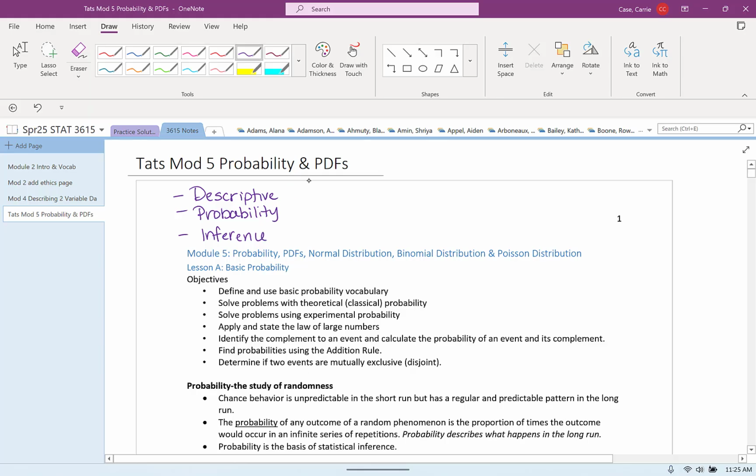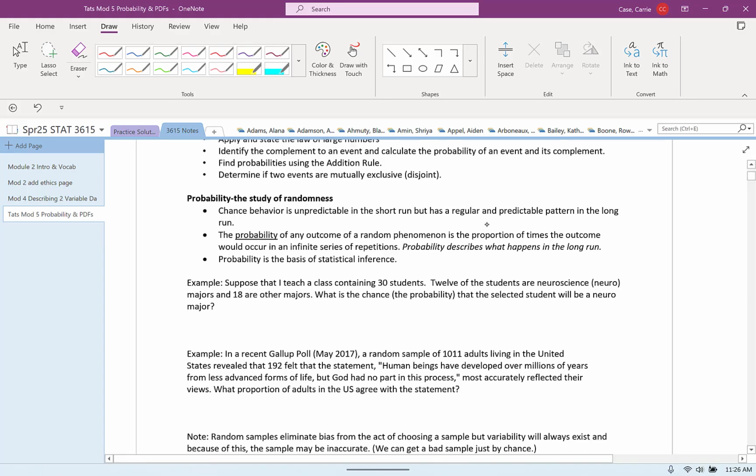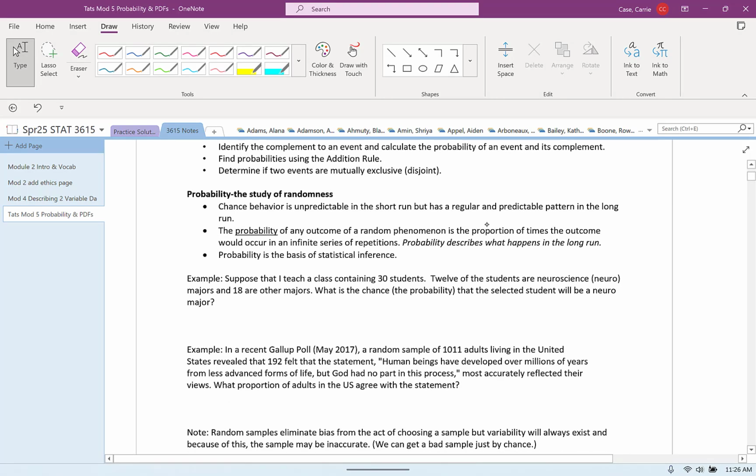We are now in this part of the statistics class. So we finished with descriptive statistics, which is how to display and describe numerically our variables. Now we're in the probability, which is sort of the backbone for inference, which is where we're going next. Okay, so let's look at our first example.